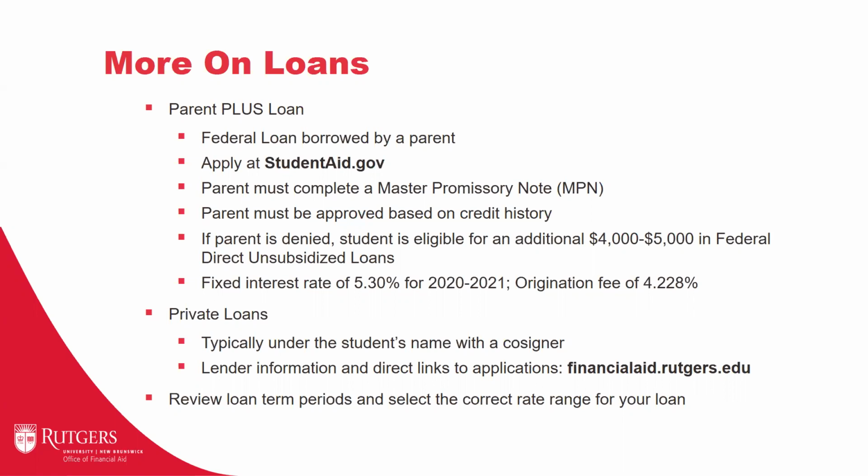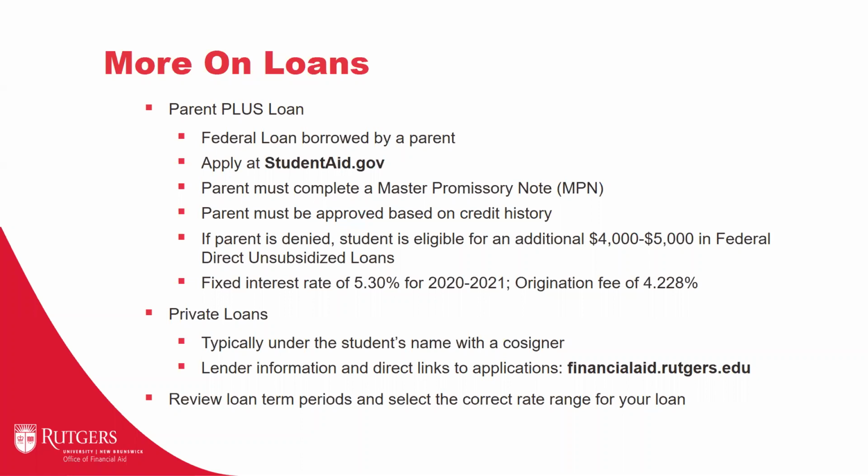So it's a safe way for parents if that's the case. They could just be a co-signer, but the loan will be in the student's name. Some parents don't want that full responsibility of the loan in their name, but they will co-sign. So that's an option. Private loans are definitely an option for students.